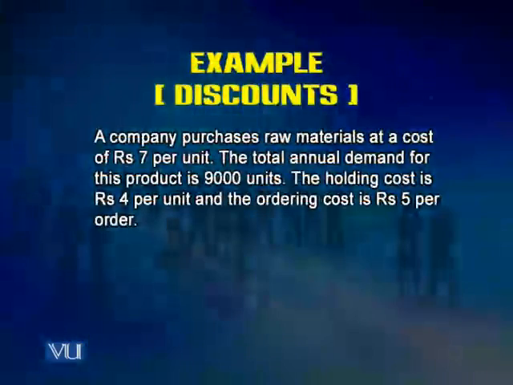We have said that once a discount is on offer, it is going to have impact on the EOQ, and we identified the three different ways in which it has an impact. Now we are given an example where 9,000 are the units required in 1 year. The cost of unit is 7, and there is a holding cost and an ordering cost. Holding cost is ₹4 and ordering cost is ₹5.